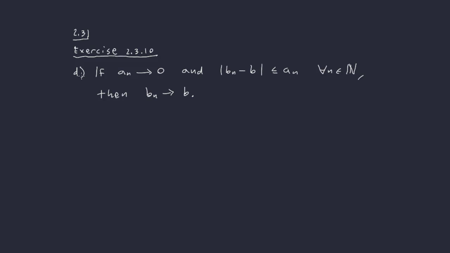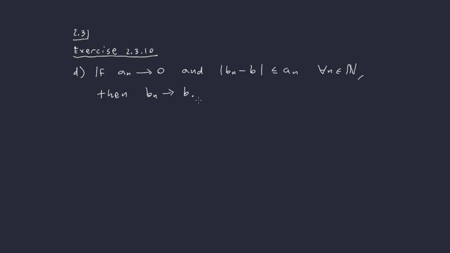We have this statement here that if the sequence a_n converges to 0, and the absolute value of b_n minus b is less than or equal to a_n for all n in the naturals, then b_n converges to b.